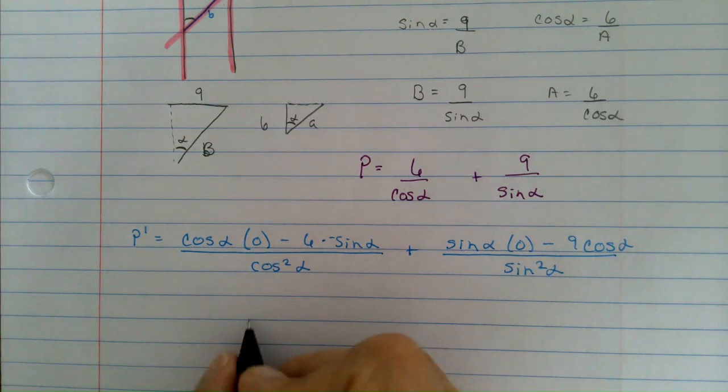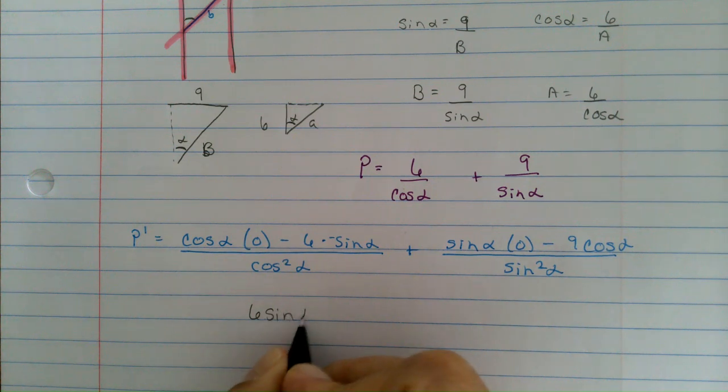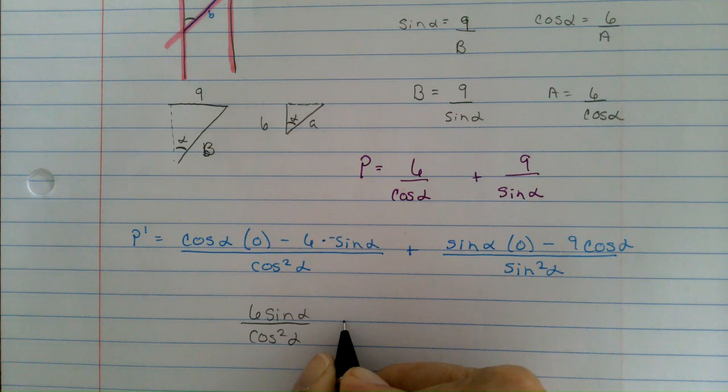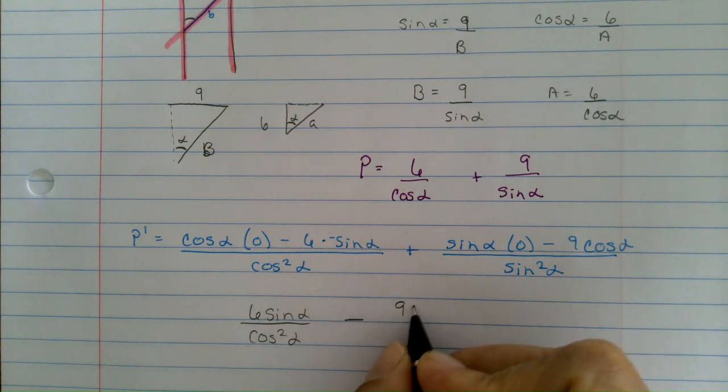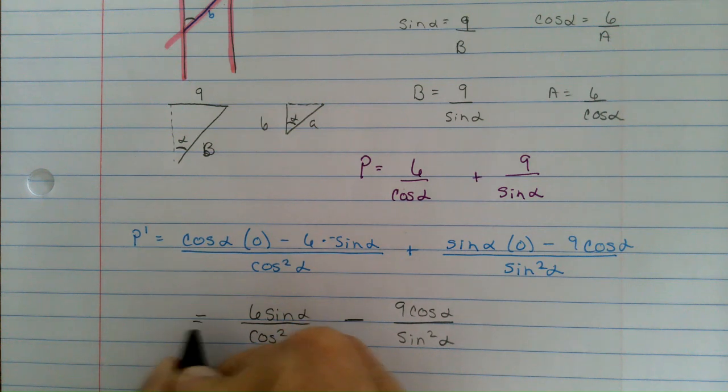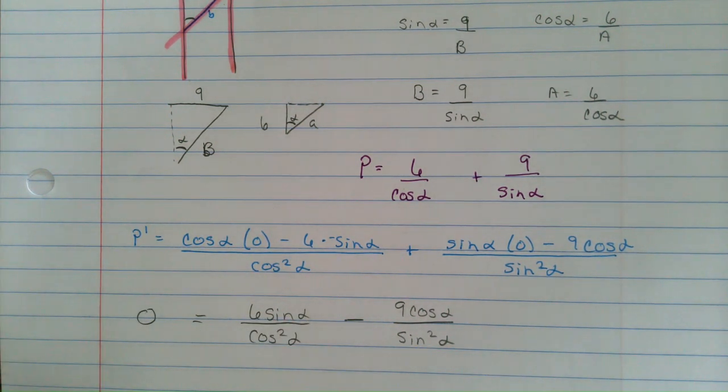So this would make 6 sine of alpha over cosine squared minus 9 cosine of alpha over sine squared. And of course, we're going to put 0 in for the derivative.